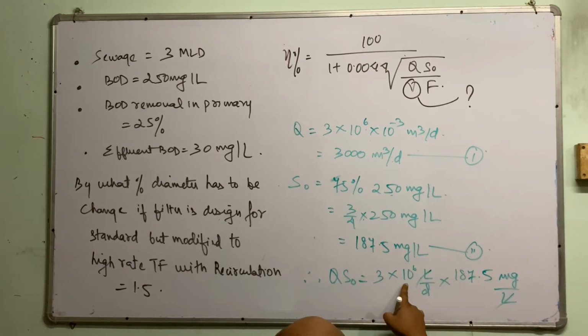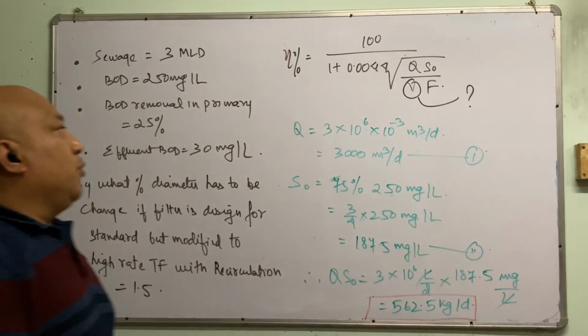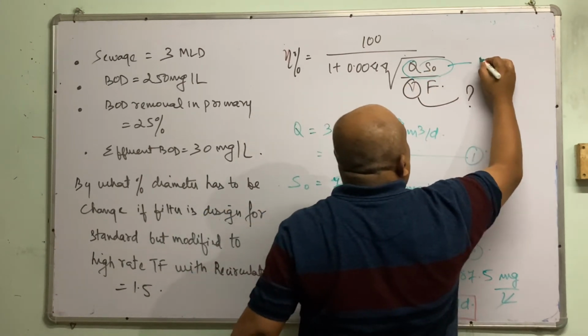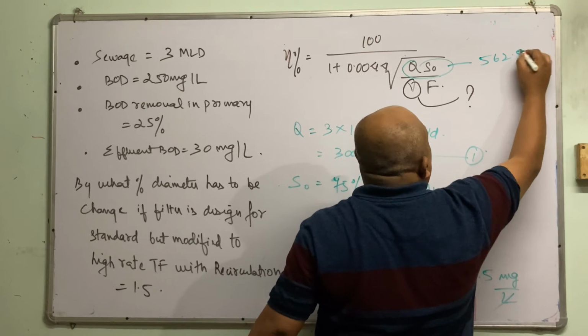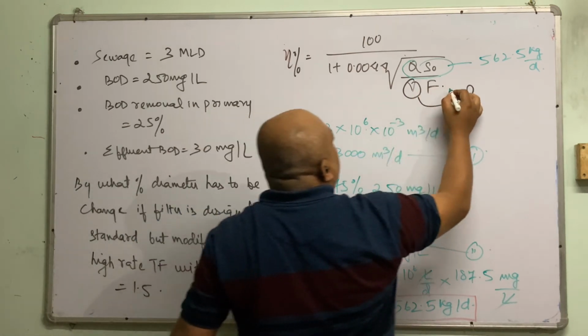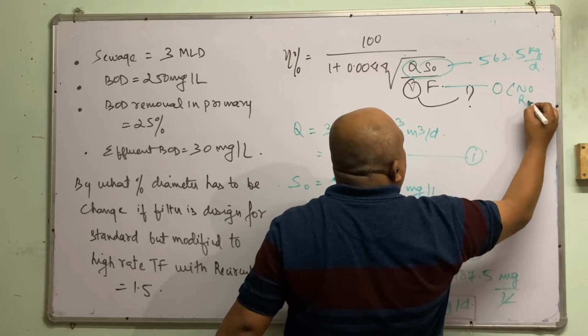This and this can be cut, and this 10 can be in terms of kg. So 3 into 187.5 is 562.5 kg per day. This is the value of QS naught. So QS naught is 562.5 kg per day. We want to find V. What is F? F is already, I told you, 0 because there is no recirculation.